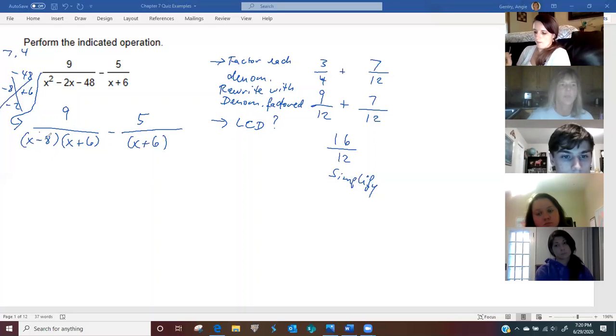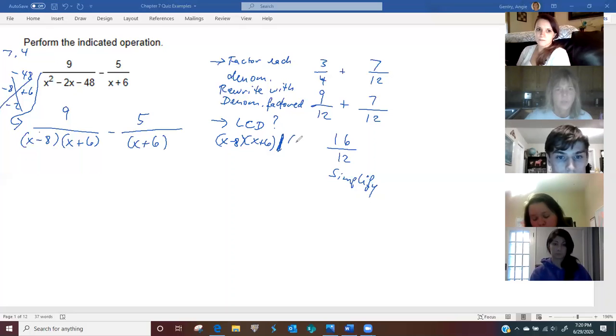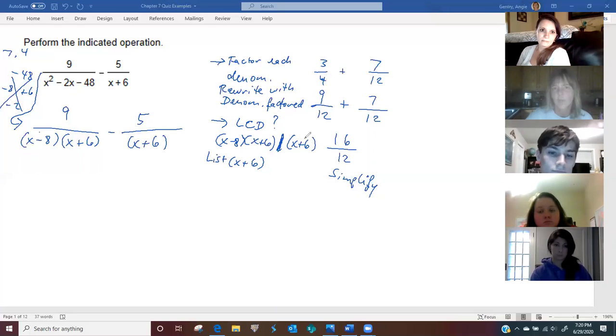I have one denominator, and I have another denominator, and you look at them completely separately. Then I list each factor the most I saw it. I see an x plus 6 as a factor once in one, so I list it once. And I see an x minus 8 once in the other, so I list it once.